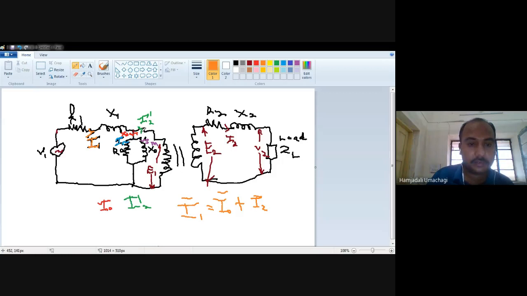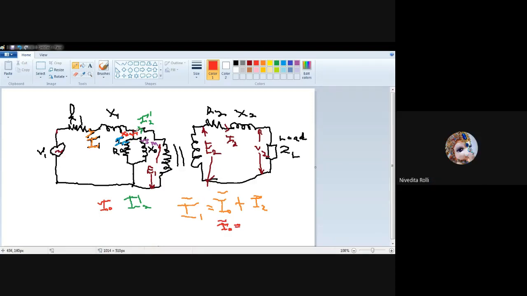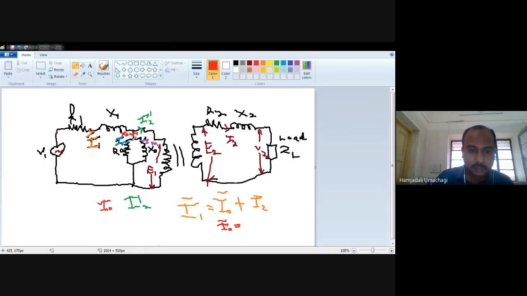Once again, this I0 current is further divided into two components. I0 is IC plus IM. Very good.